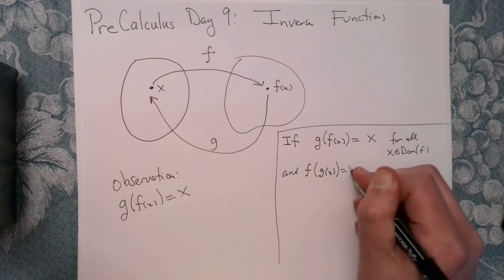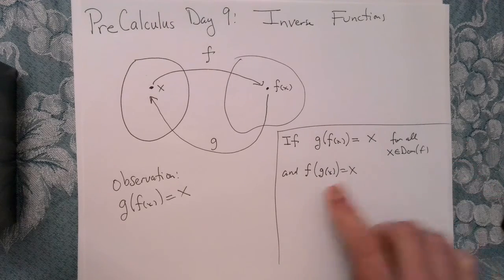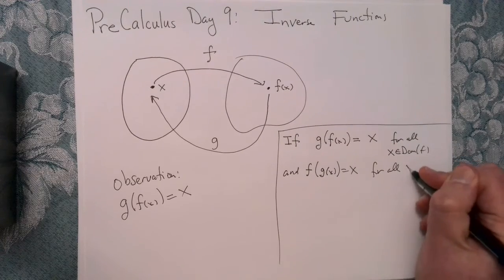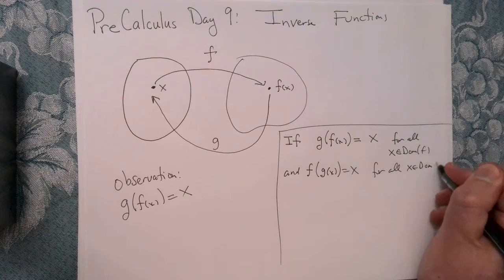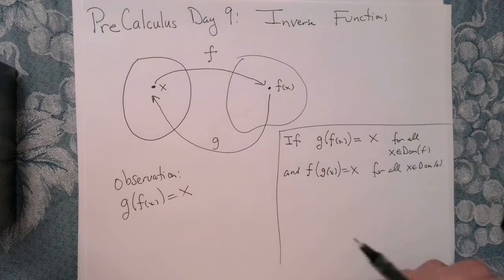And we have the following. So say this happens for all x's in the domain of g, that would be the starting function, the inside function. Then we say that f and g are inverses of each other.